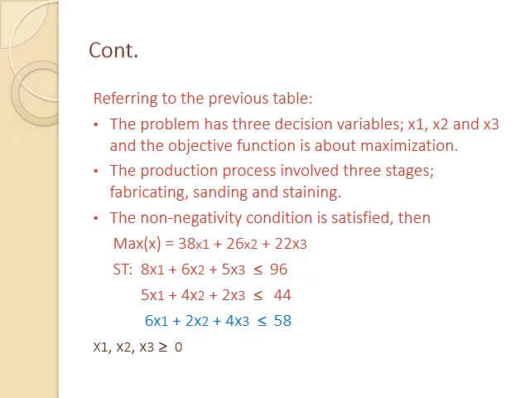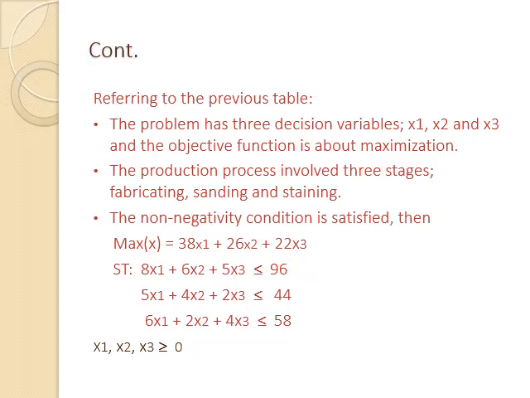And the last constraint is dealing with the process of staining, where 6x1 plus 2x2 plus 4x3 must be less or equal 58.